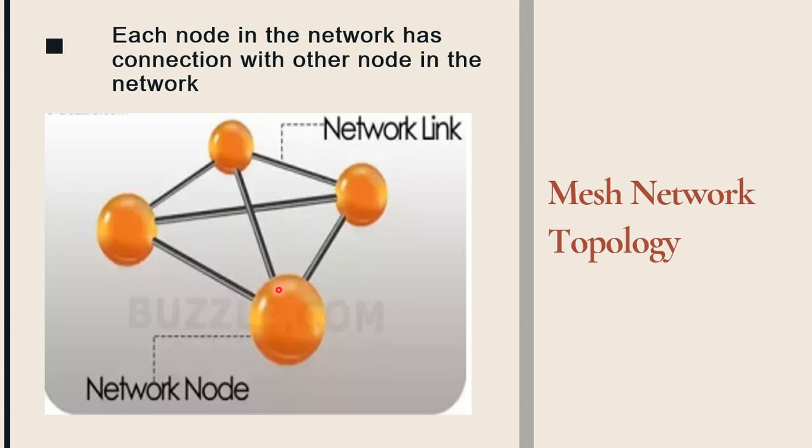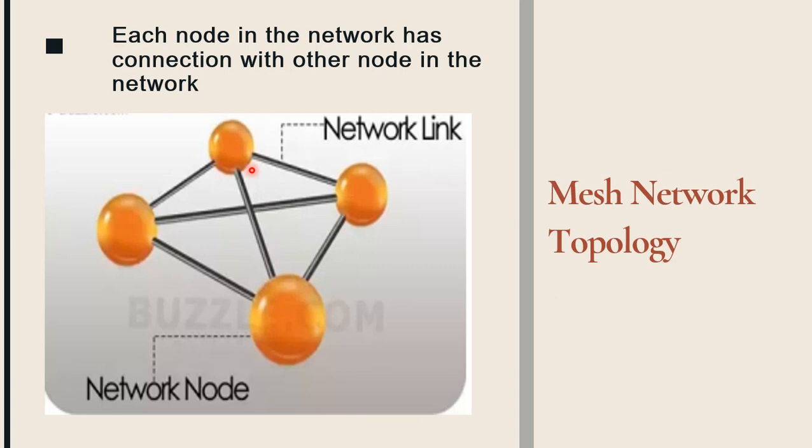This node is connected with this one, it is also connected with this one, and also with this node. It means each and every node, each and every device, is connected to the other devices. It is a complex type of network.